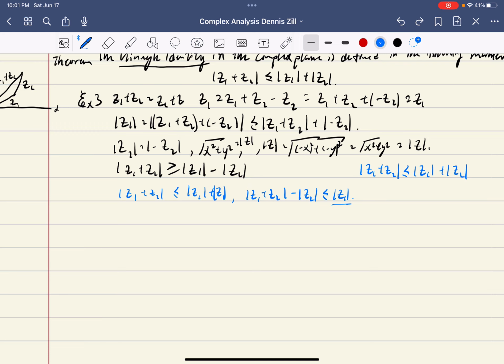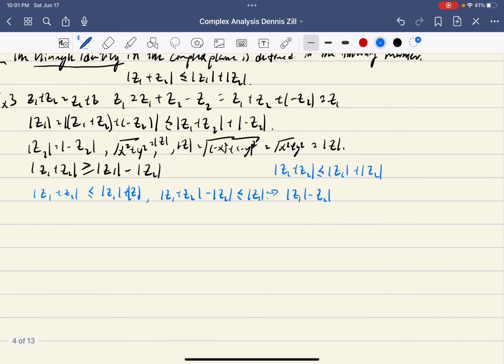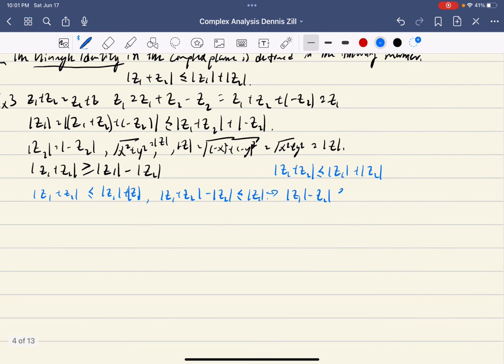Well, then that implies, if you would do z1, right, minus z2, then really it's just, because this is practically z1, right?